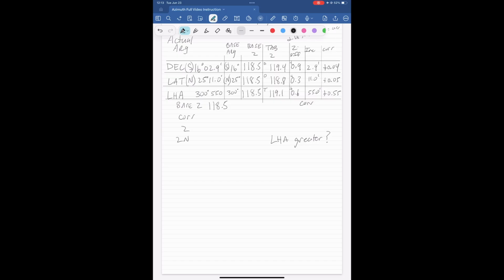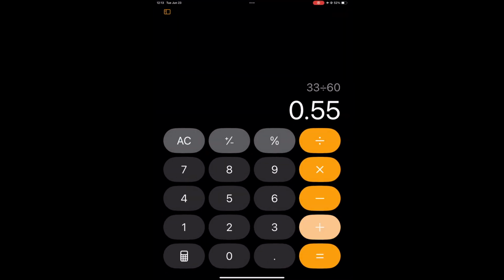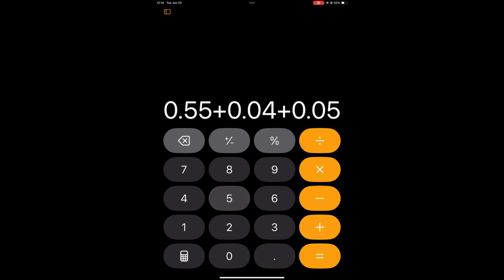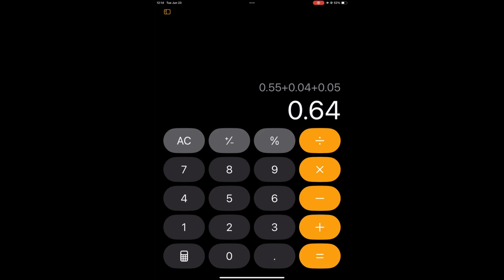So I'm going to add these up. Plus 0.04 plus 0.05, and that equals 0.64, all right?